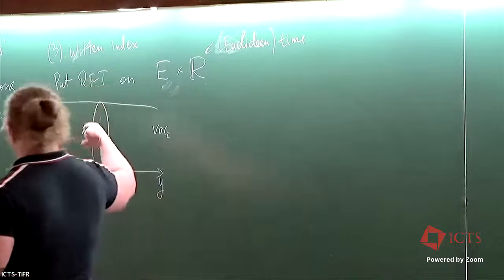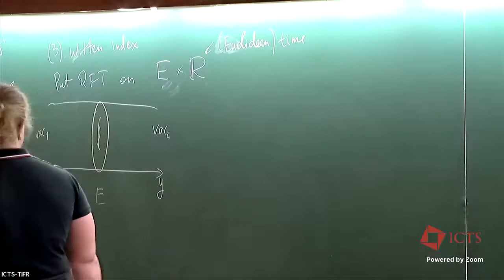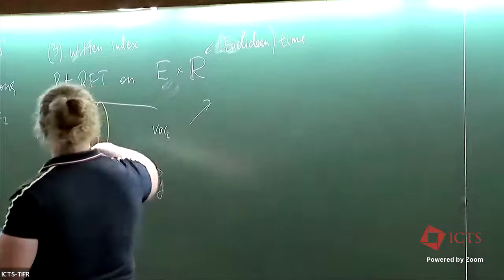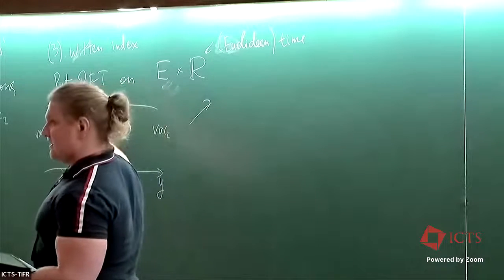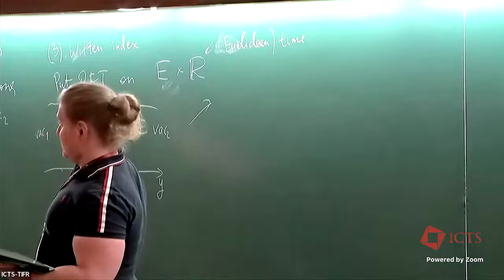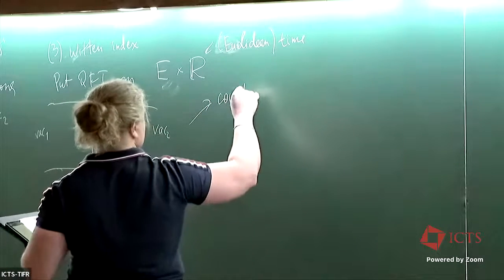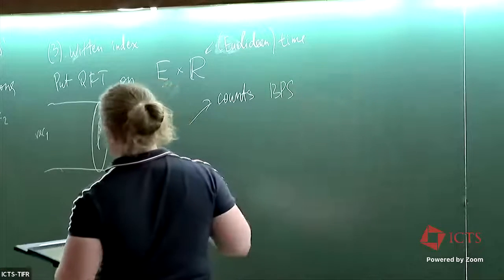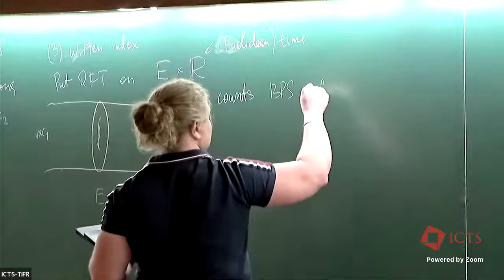You could interpret this setup in various ways. You could either say that it counts, by making one of the circles the Euclidean time, these BPS solitons or whatever configurations.